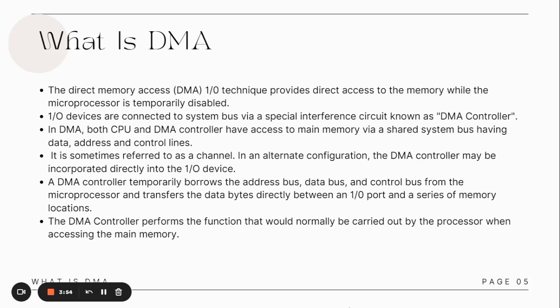In an alternate configuration, the DMA controller may be incorporated directly into the I/O device. A DMA controller temporarily borrows the address bus, data bus, and control bus from the microprocessor and transfers the data bytes directly between an I/O port and a series of memory locations. The DMA controller performs a function that would normally be carried out by the processor when accessing the main memory.